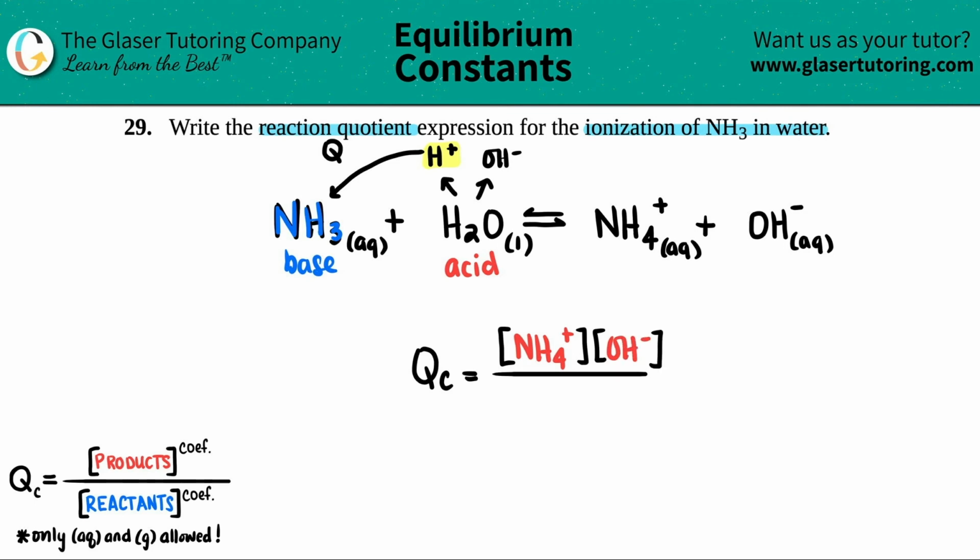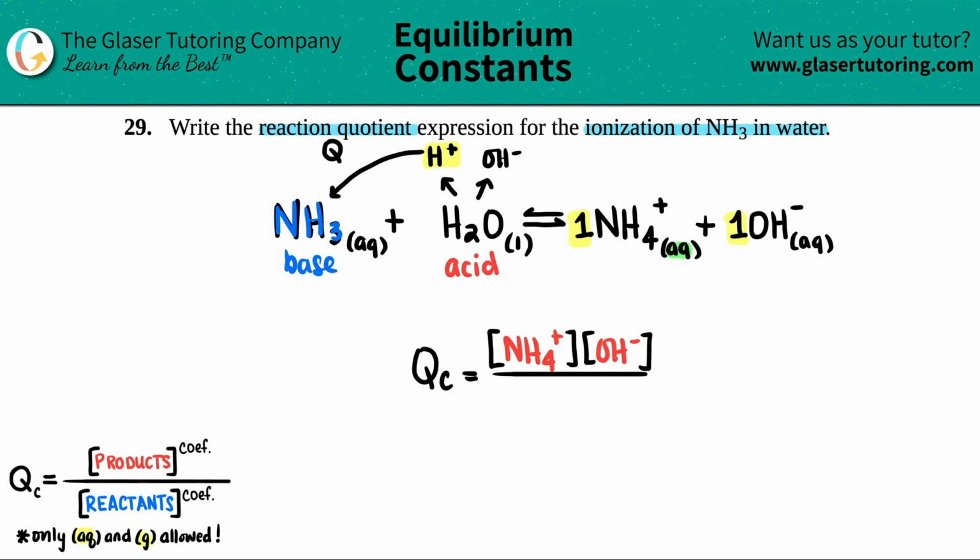Remember, there was one of each, one NH4 and one OH minus. You always raise it to the coefficients, but since these are both raised to the 1, who cares, it's the same number.